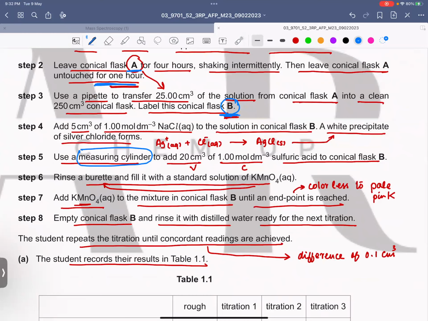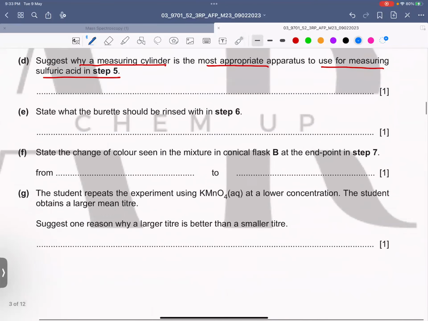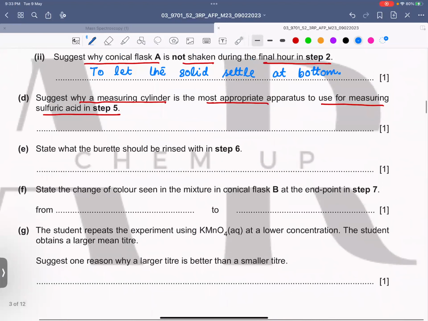So there is no accuracy needed when the reaction mixture is in excess. So here we would mention that acid is in excess.